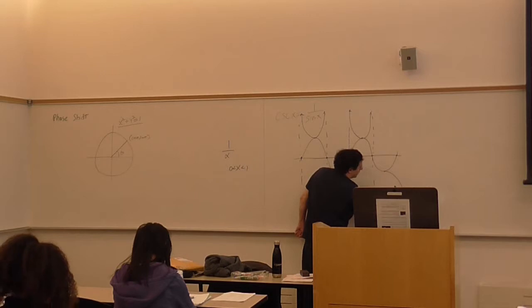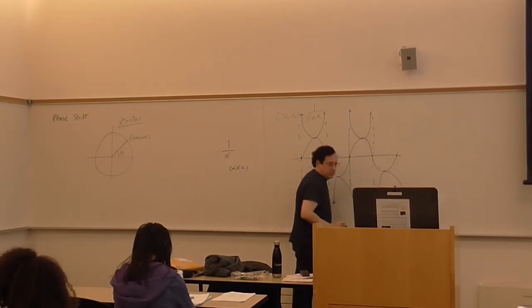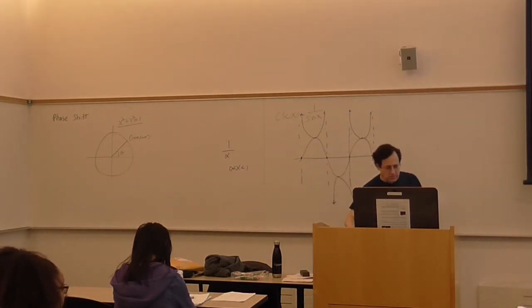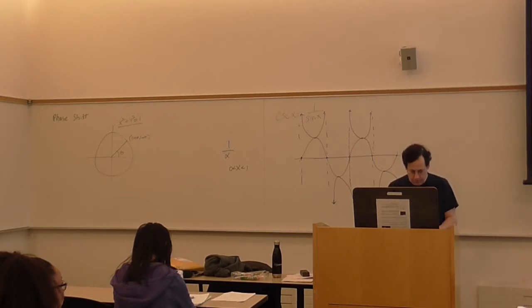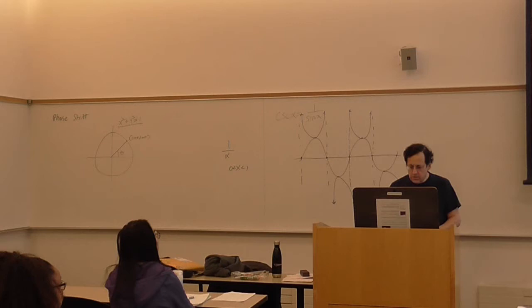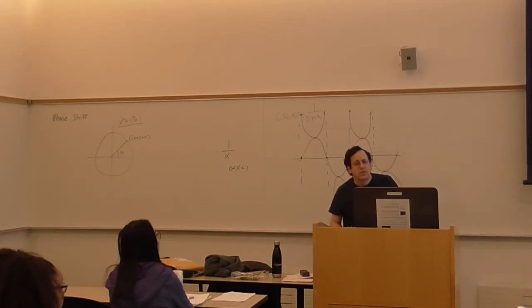Let me show you a better drawn version of this. So that's the cosecant function. They kind of look a little like parabolas, but they're asymptotic to those points where the sine is 0.